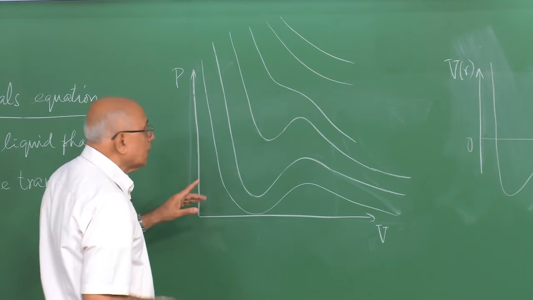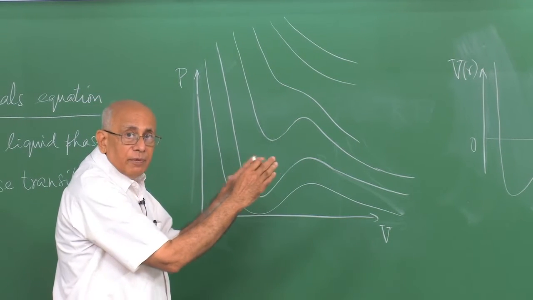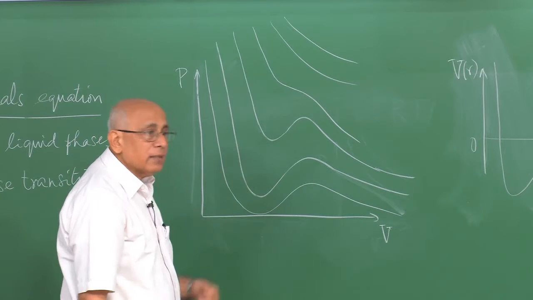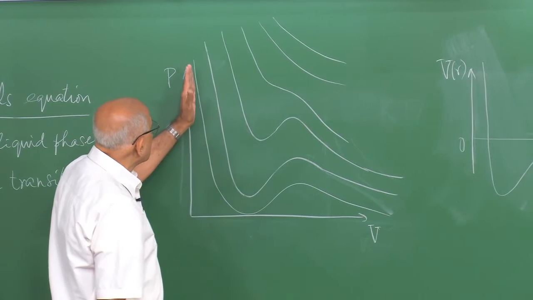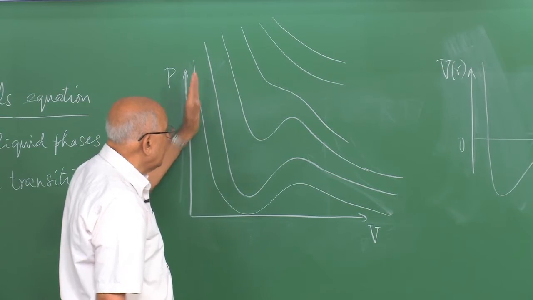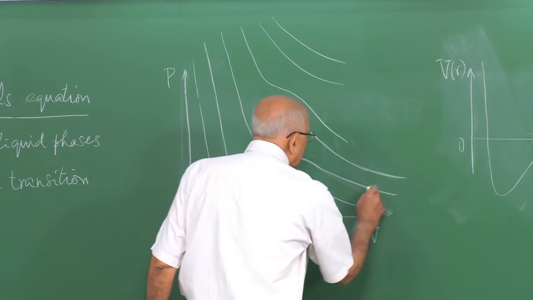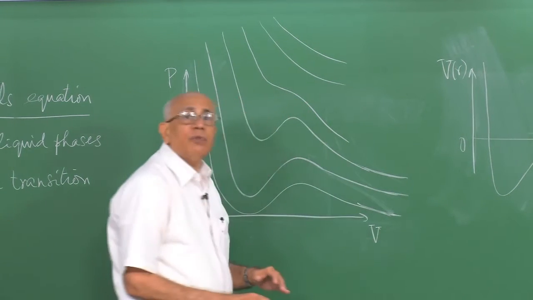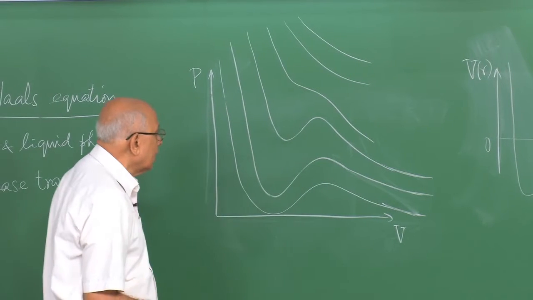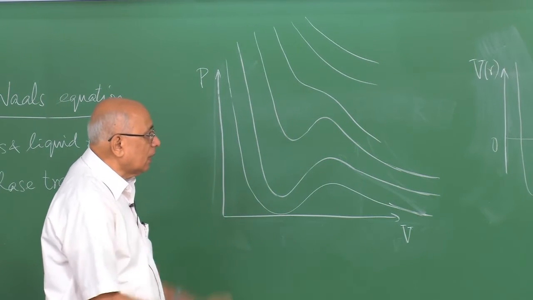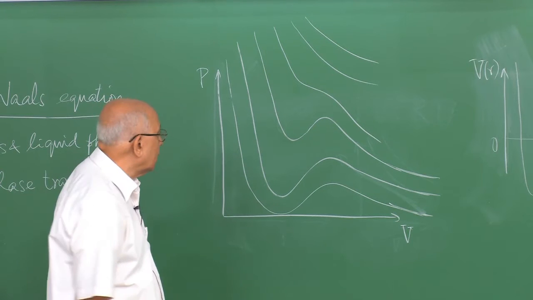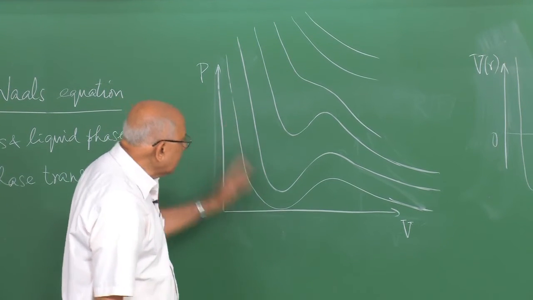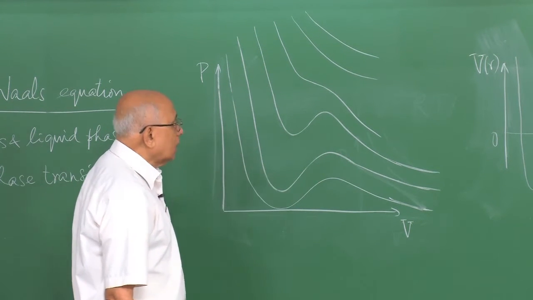What really happens is that with actual values of A and B put in from real gas data, it turns out that the slope here on the left hand side is much greater than the slope on this side by a factor of 1000 in typical cases. So it has serious physical implications which I will talk about in a minute, but you can see that qualitatively the graph has this shape.